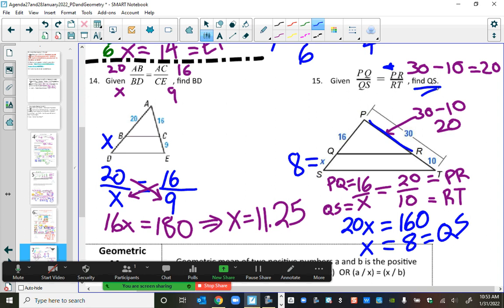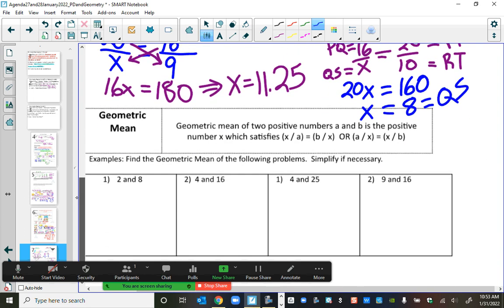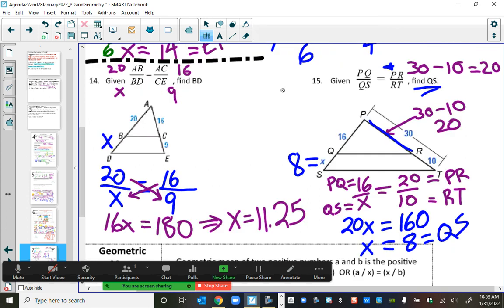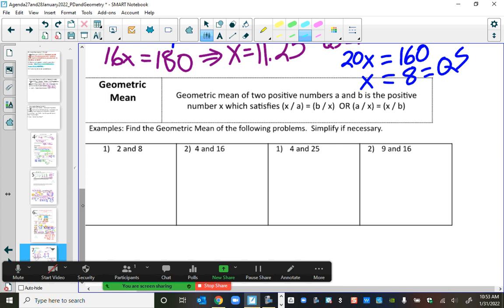Now, for these 4 problems, basically what's going to happen, I'll let you try this, and I'll give you my next instruction in a minute.